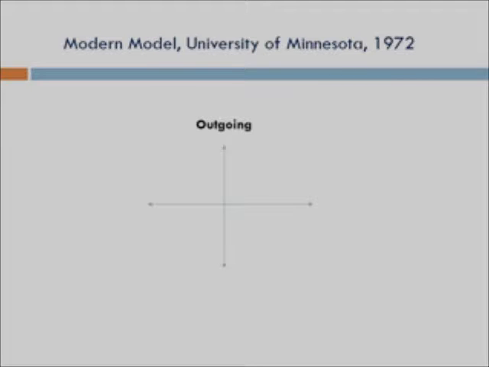So the modern model is constantly being evolved, and it began at the University of Minnesota in 1972. Instead of the positive and negative attitudes toward the environment, is someone primarily an outgoing person, or conversely, are they more reserved? Those are two aspects of one's personality.